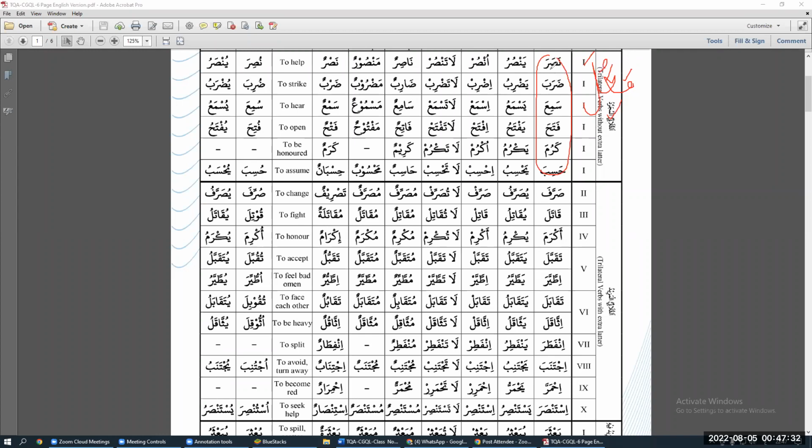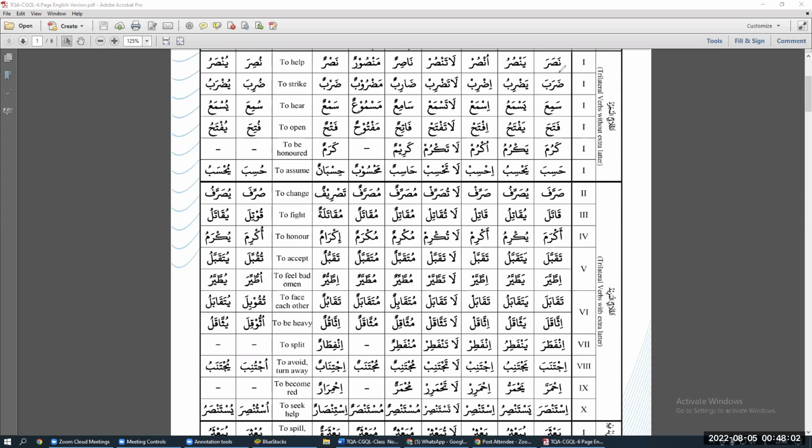Can we write these three like this by one word? Fa'ala, fa'ila, and fa'ula. We can write. See, fa kalima all take fatha. Ain kalima can take fatha, kasra, and dhamma. And lam kalima all fatha, correct?